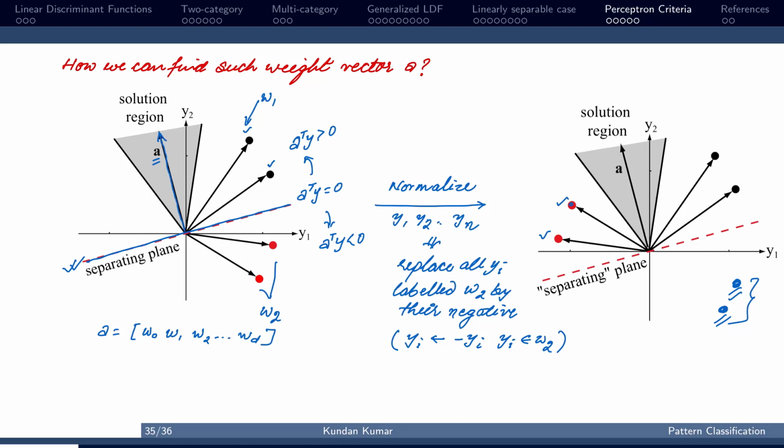We still have the same separating plane, but now the decision rule changes to A transpose y greater than 0 for all data samples. So now it does not depend on any class labels anymore, and only this rule is sufficient to classify all the data samples correctly in the feature space.